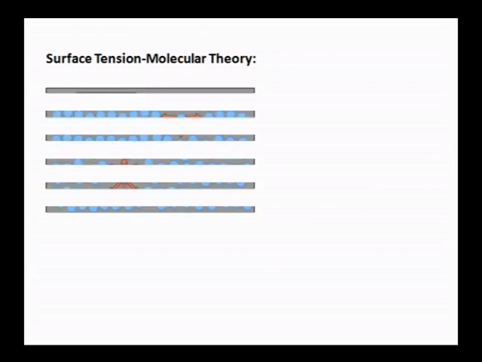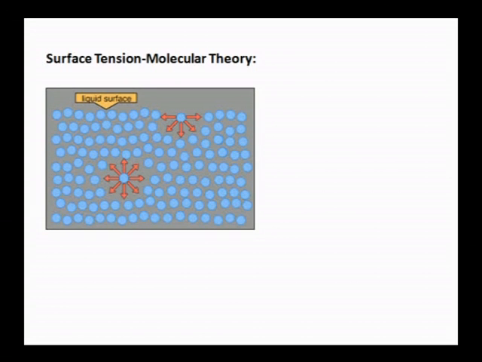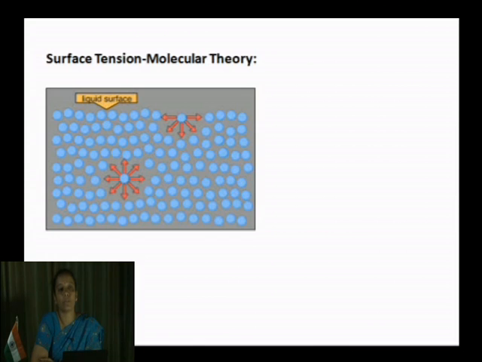Now, let us see the molecular theory of surface tension. If we take a liquid, we know liquid is made up of small tiny particles called atoms or molecules. If we take water, water is made up of water molecules, H2O molecules, and the blue dots depict the water molecules inside a liquid.